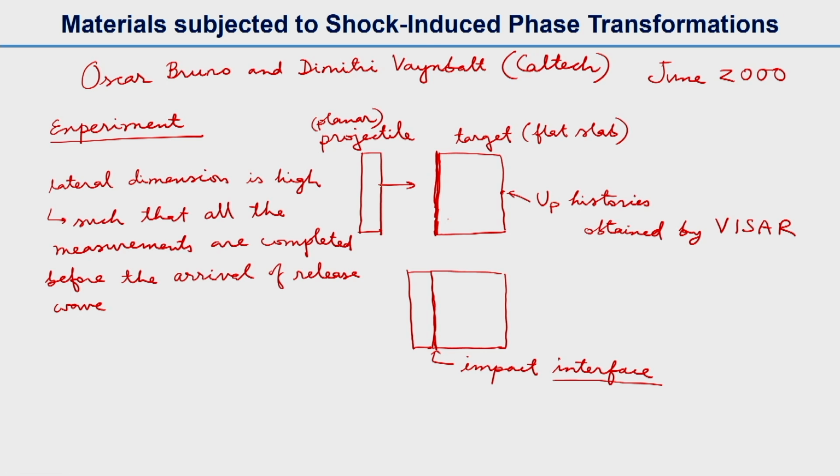That means when you hit the target, the shock wave will propagate in this direction, but there will be some release wave from the lateral surface. We do not want any interaction from these release waves, so we assume the lateral dimension is very high, so that the release waves cannot interact with the primary shock wave.